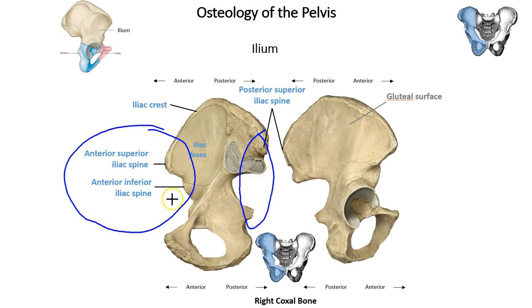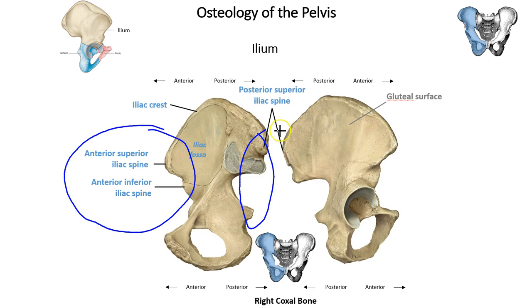Below that is the anterior inferior iliac spine. Arising off both of these are muscles of the anterior compartment. Off the superior one, the ASIS, is the sartorius muscle. Off the AIIS arises the rectus femoris, part of the quadriceps muscle. The interior concave surface of the ilium is the iliac fossa, in which resides the iliacus muscle.